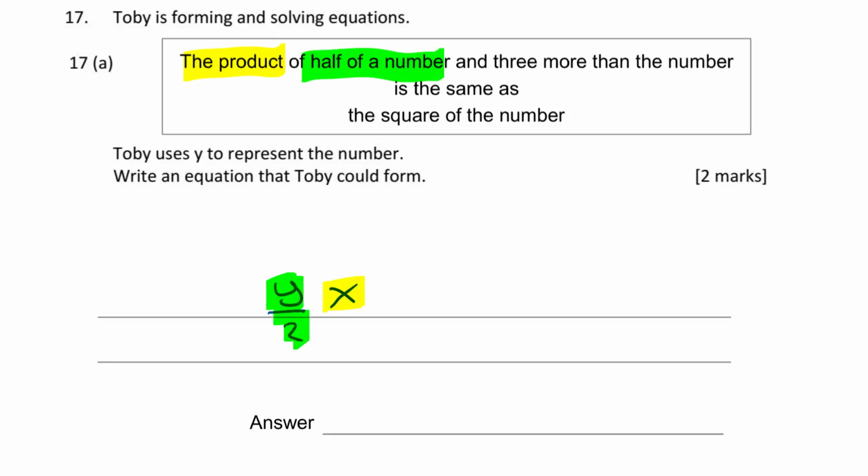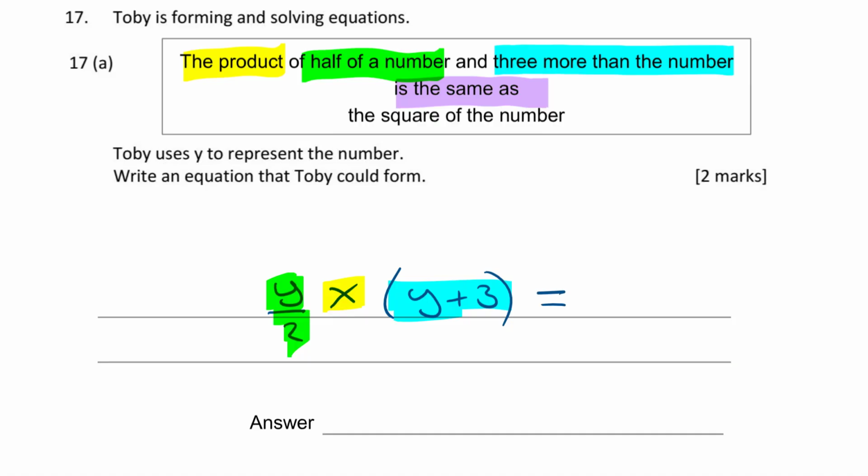And 3 more than the number. Well, the number is y, and 3 more than y is y plus 3. So that's that part. Is the same as, in maths, means equal to, equals.